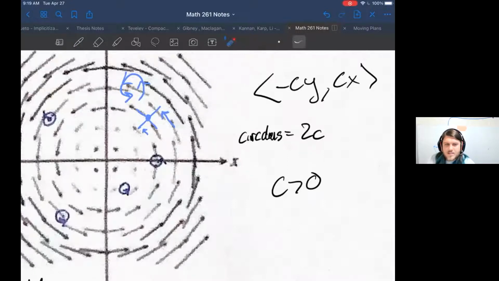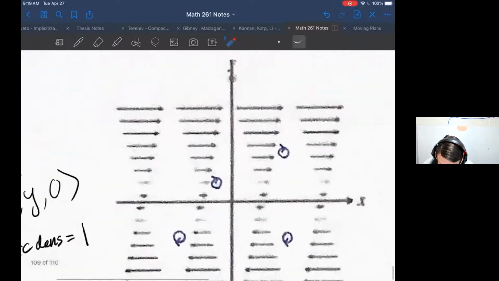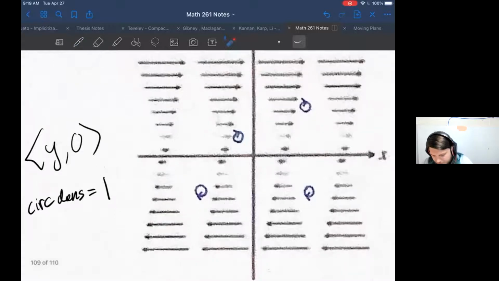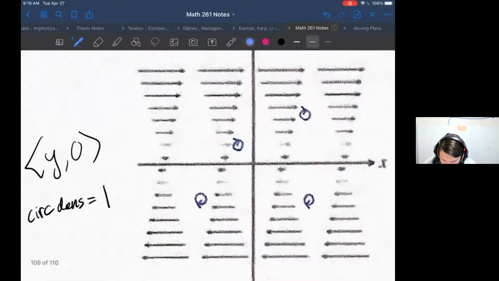Sorry. Change everything I said about clockwise and counterclockwise too. Well, no, hold on a second. This is counterclockwise, isn't it? Yeah, that's counterclockwise. But this would be clockwise. So I'm actually a bit confused by this now. I'll look into this later. That's interesting.